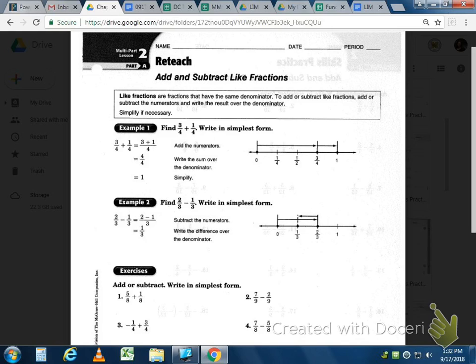Okay, and example 2, 2/3 minus 1/3. It's a like fraction, has a common denominator of 3, and you take the numerators 2 minus 1, and you're left with 1/3. So in the first case, there was more simplification to do after you got your answer. The second one, there wasn't.